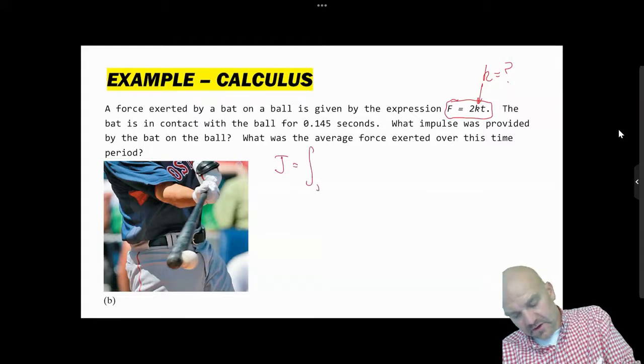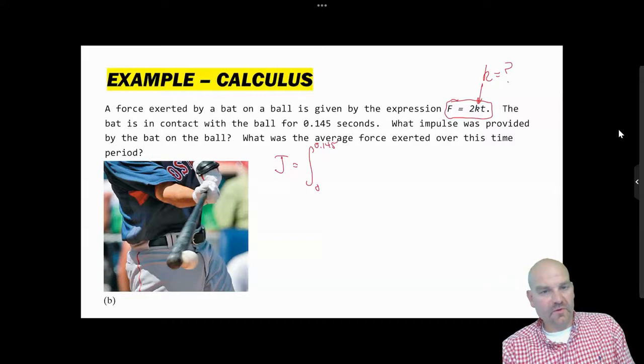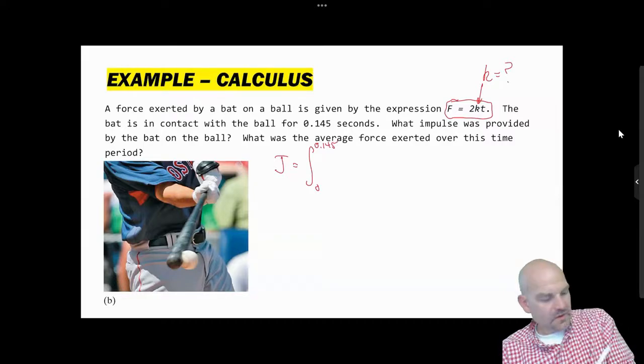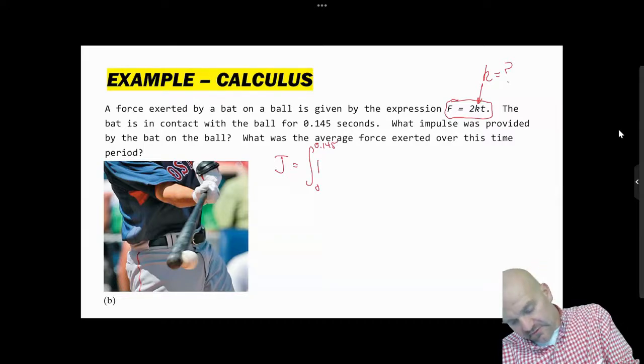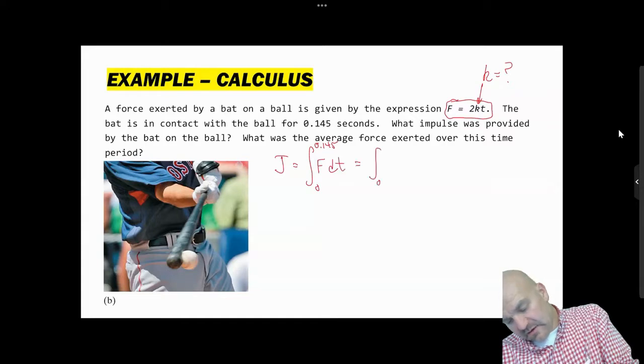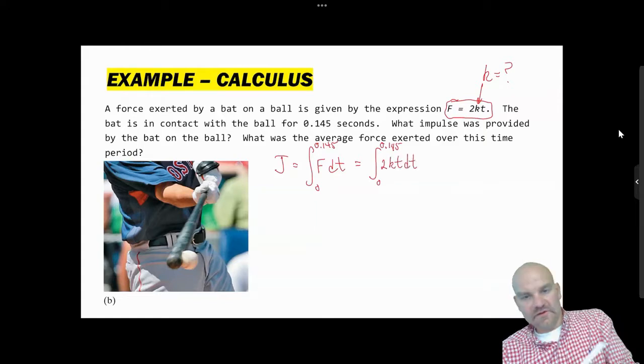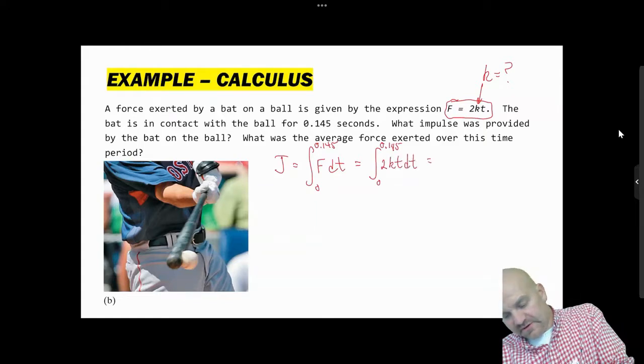J is equal to the integral from 0 to 0.145, my time period, of F dt, but F is 2kt. I'm going to do this calculus slowly.